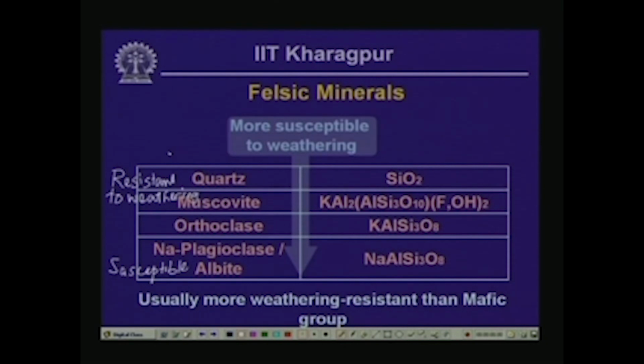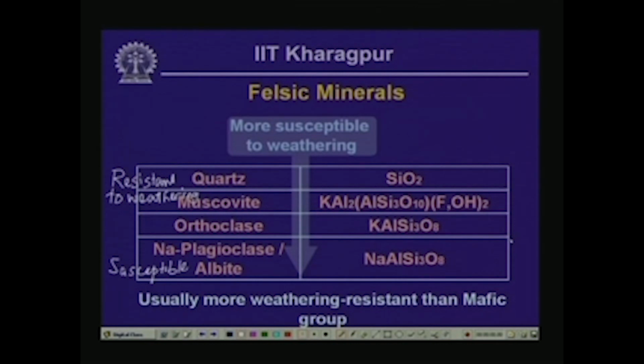It has got some fluoride and hydroxyl also in that. Then orthoclase is potassium aluminosilicate, and sodium plagioclase is sodium aluminosilicate. Okay, and the chemical formulas for these minerals are indicated on the right.